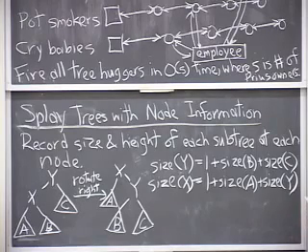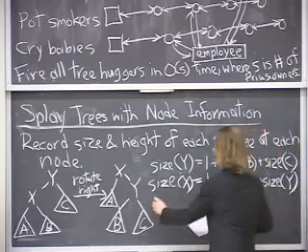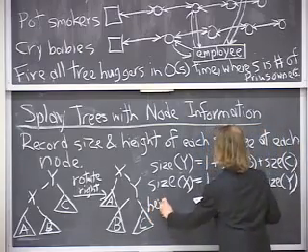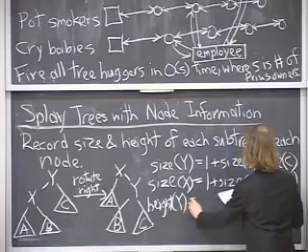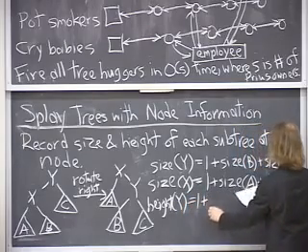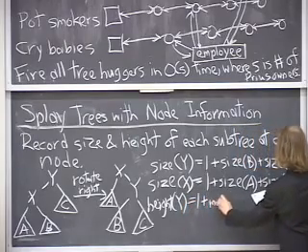At the same time, you can update the height. So the height of Y becomes 1 plus the maximum of its two children's heights.